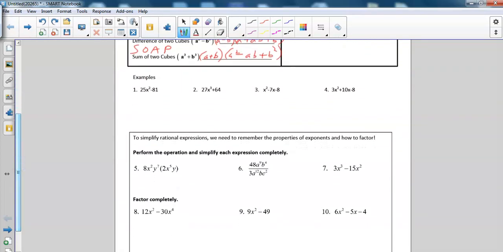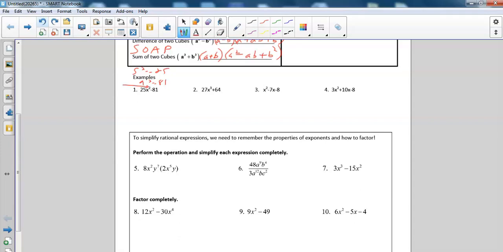Hopefully you recognize that 25 is a perfect square, and 81 is a perfect square. I did that backwards. Also, if you see this 2 here, anytime an exponent's even, it's a perfect square.